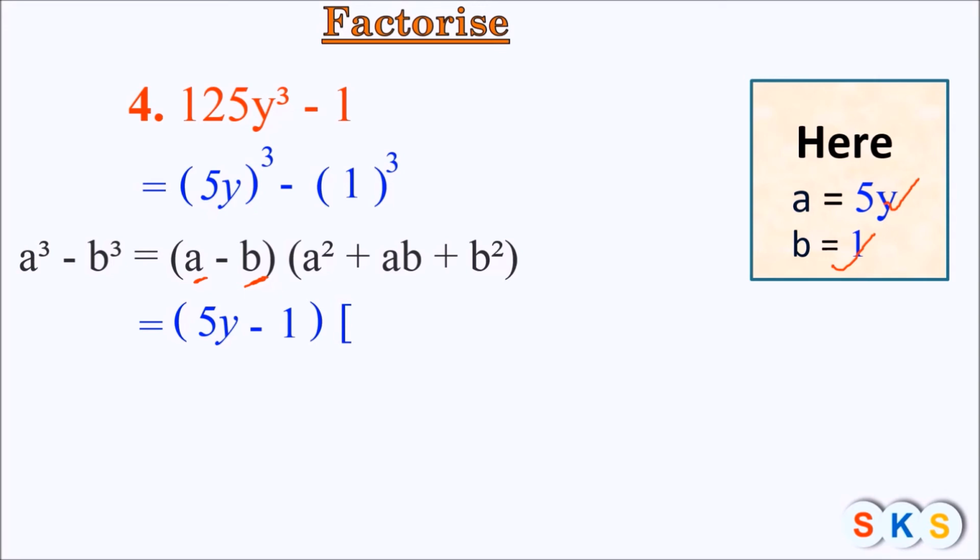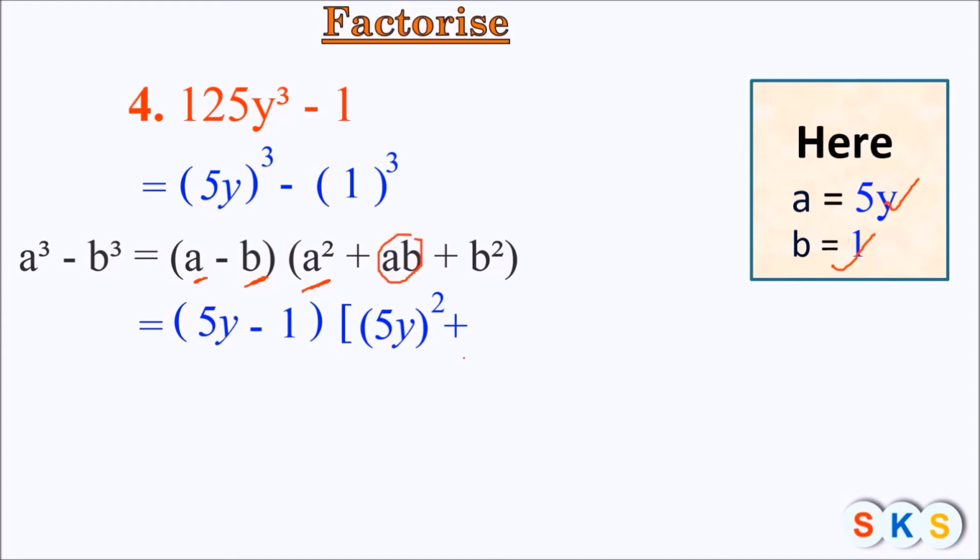Now we will simplify the second bracket. In the second bracket also we will substitute the values of a and b. You can see here the first term is a square. So we will write 5y in place of a. So we will get 5y the whole square plus, look at the second term of the second bracket, ab, right? ab means a into b.